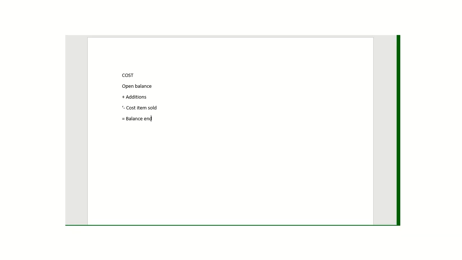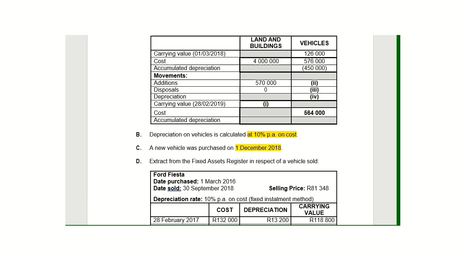If I can find these figures, I may be able to do so. The balance at the beginning, there it is, cost 576,000. Additions, that's the one I don't know, so that is a question mark for now. Items sold, not quite sure.